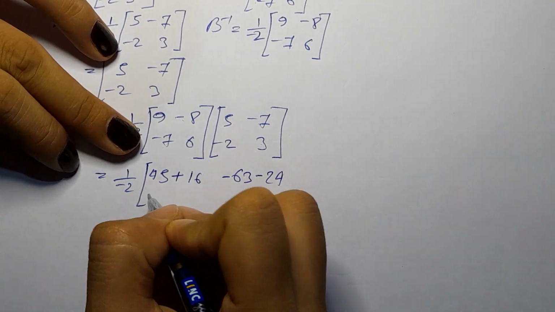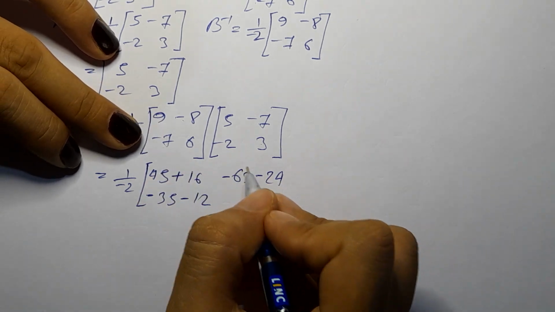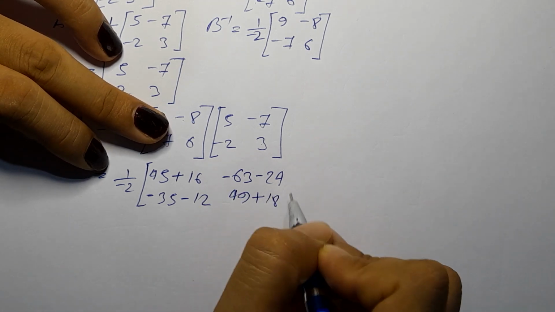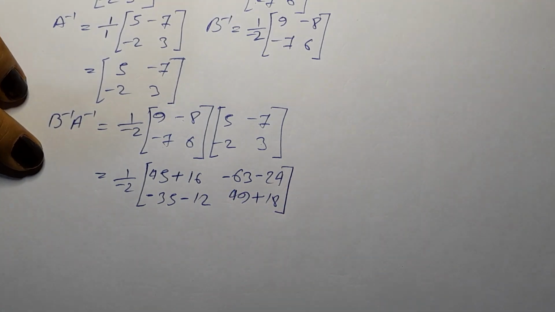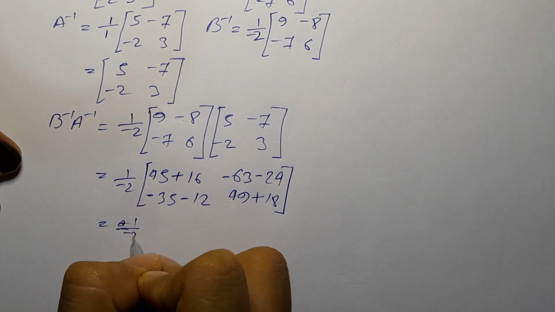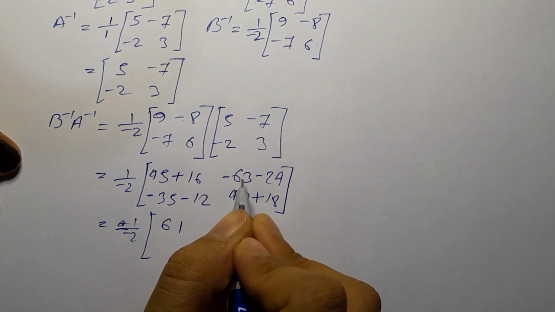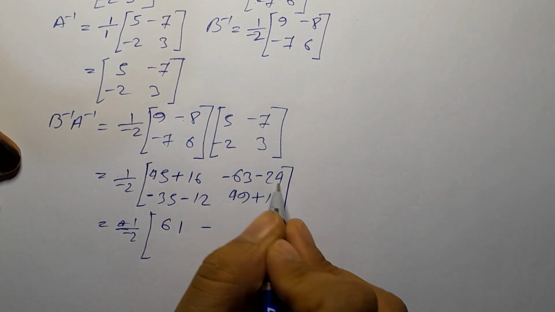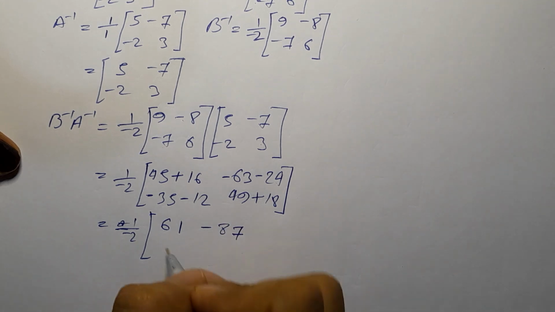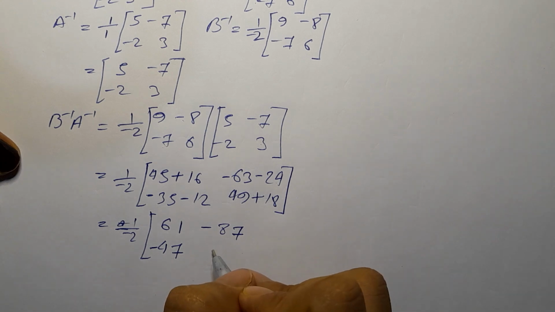Then minus 35 minus 12, minus into minus becomes plus 7, 49, 18. Now minus 1 by 2 outside, add these numbers: it will give 61, minus 87, minus 47, 67.